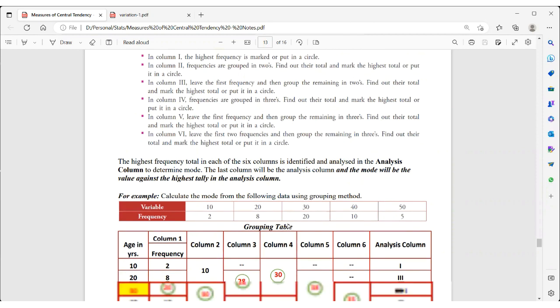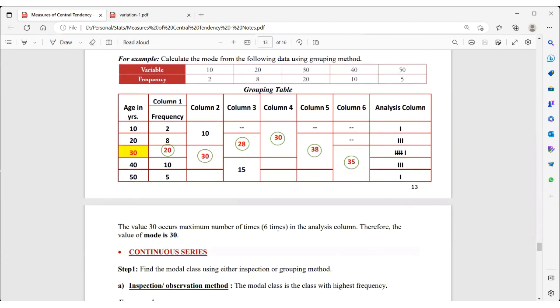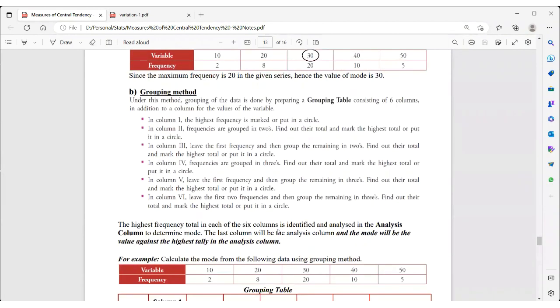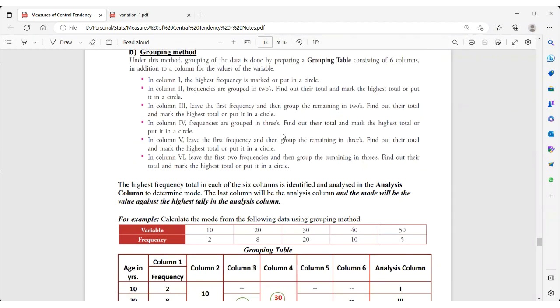For this, we make 4 columns. Sorry, we make 6 columns. The first column is the frequency itself. The second column has frequencies grouped in twos.